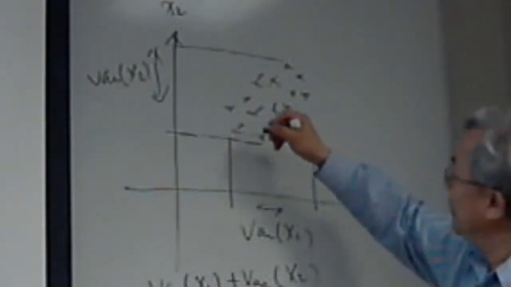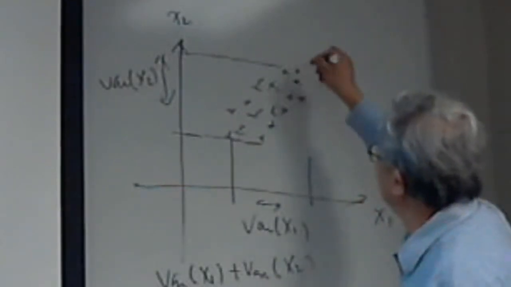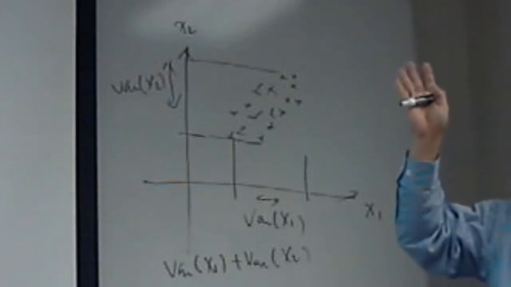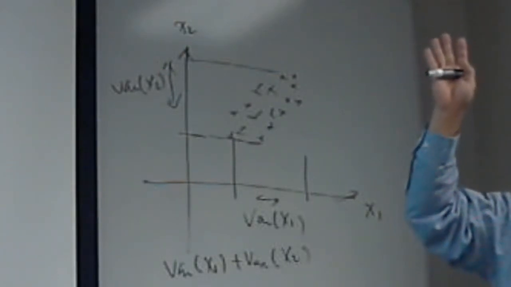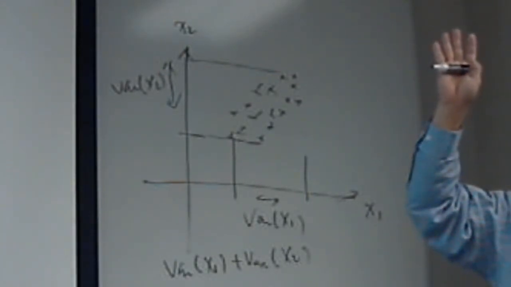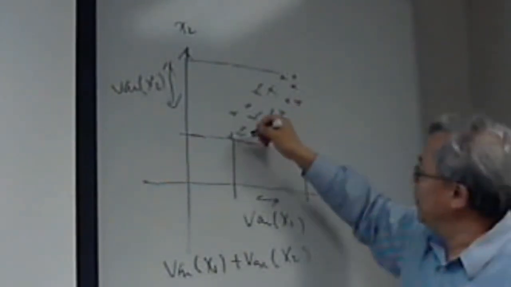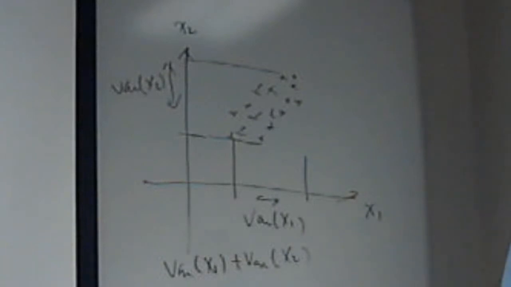If you tilt this data cloud to a certain angle, you can see there's a direction with the most variability. In fact, it's in this direction.